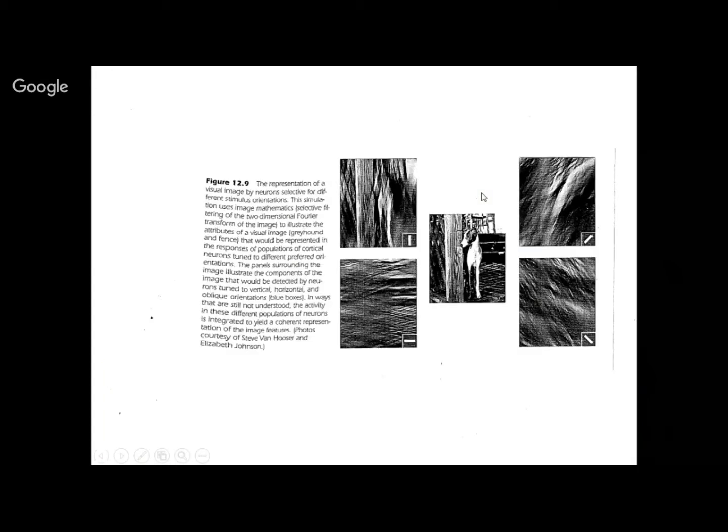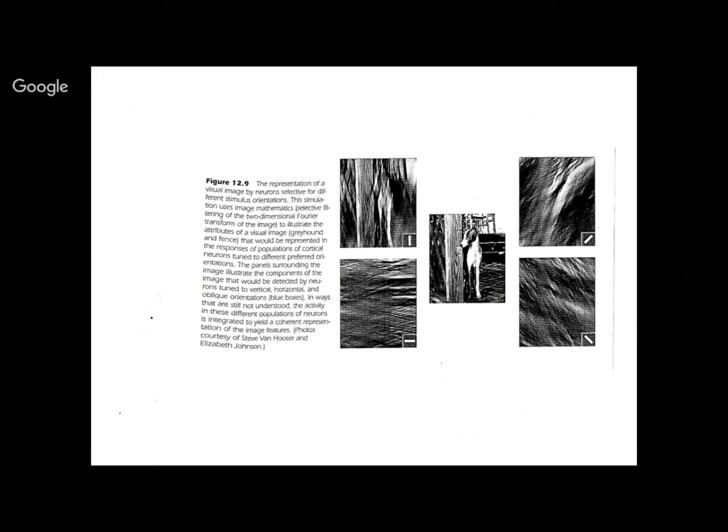Okay. So these were just visual images showing different orientations for stimuli. This is the original picture, and then these are the pictures as perceived by different angles in the cortex.